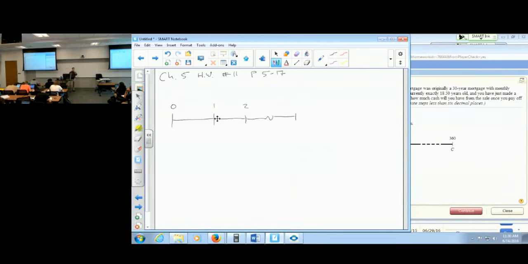I'm making monthly payments, so my N, the number of periods I'm going to use, is in months. How many months is 18 and a half years? Okay, so right now we're at month 222.